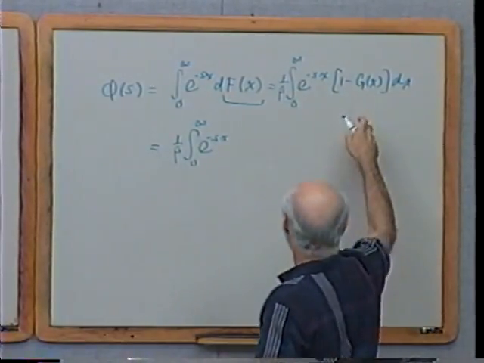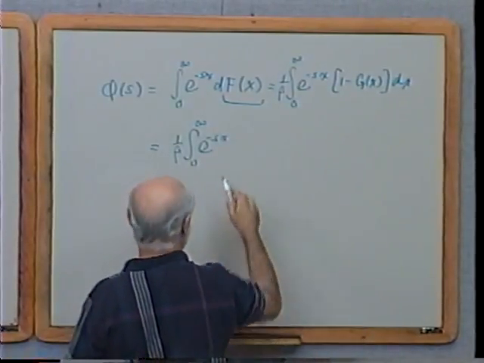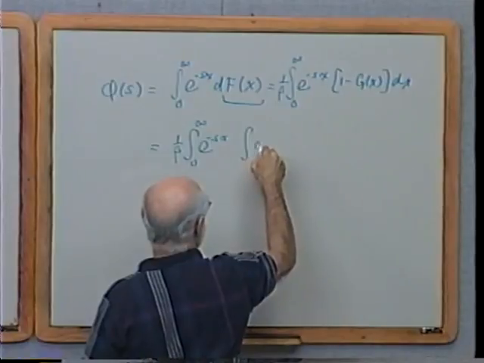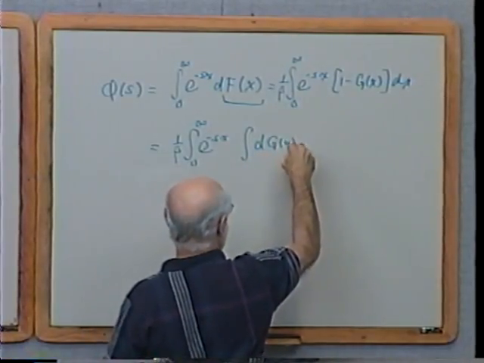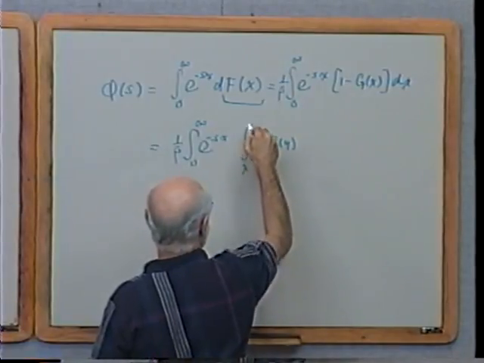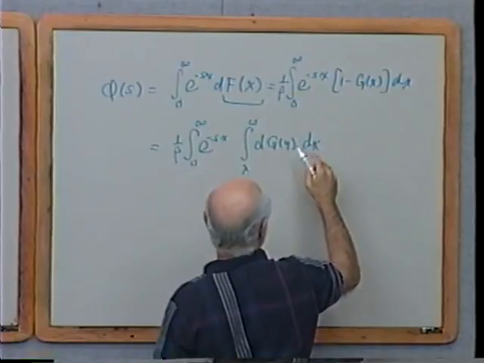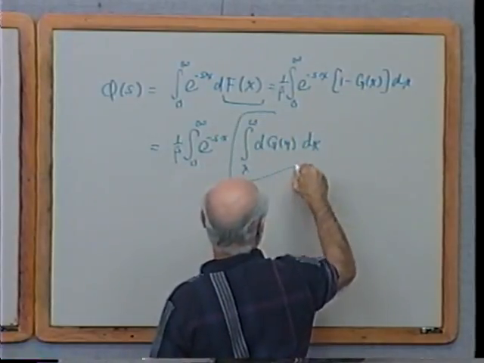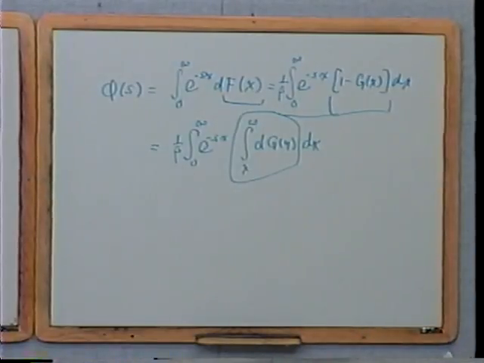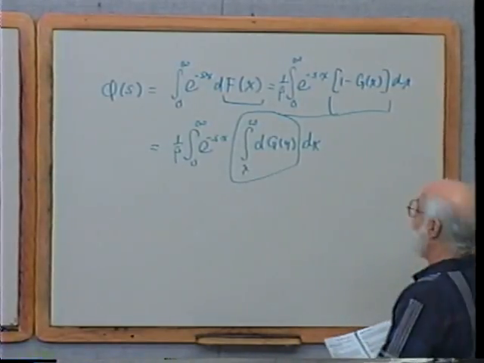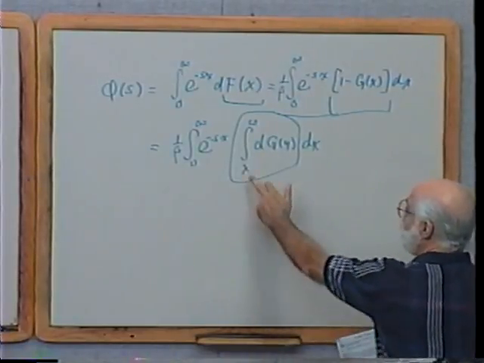So in other words, this piece right here would be replaced by the integral of dg of y, say, as y varies from x to infinity, and then we have the dx. Okay, so this piece right here is the same as that. It's the probability that the random variable whose distribution function is g takes a value greater than x.